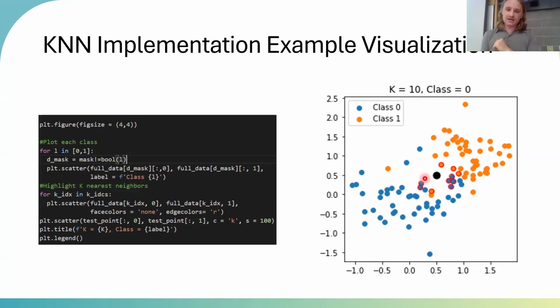So if we look at this data set here, it's a toy data set that I created. I thought this one was interesting because we have a few data points, these oranges, that look like they should belong in the blue class, class 0.